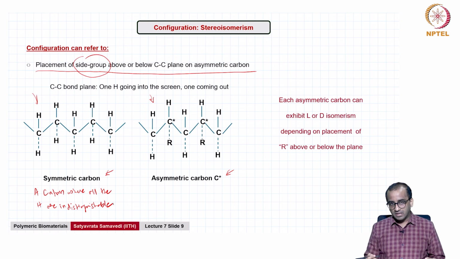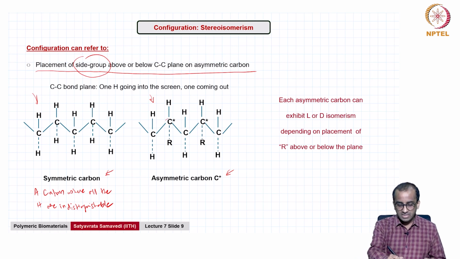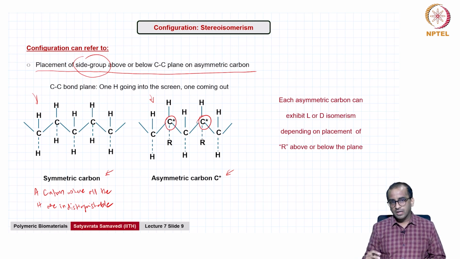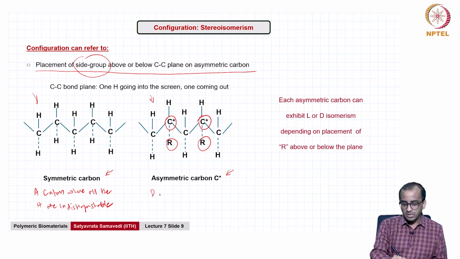Whereas in an asymmetric carbon marked by C star here, I have an R group here, which could be any group. In the previous example, it was the benzene ring in polystyrene, and depending on where it is placed, it can lead to D or L isomers.